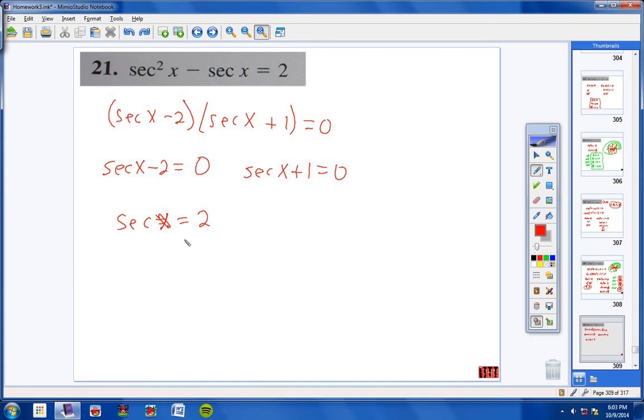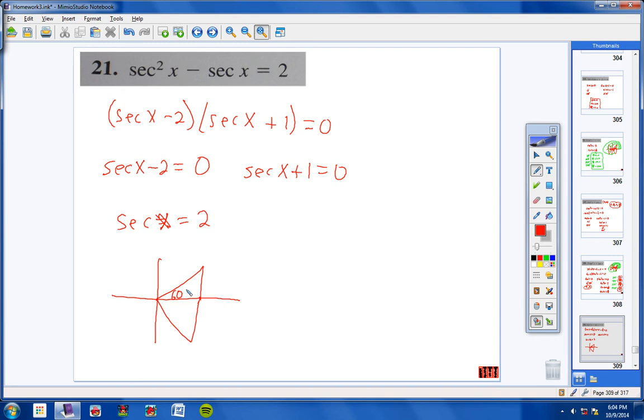So we know we're dealing with a positive 2. So secant is positive where cosine is positive, so cosine is positive here and here. Okay, so there we go. And what did we say it was? 60, I believe.